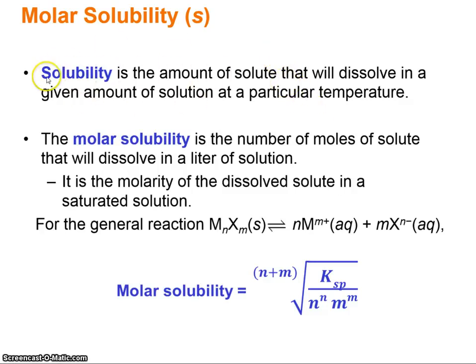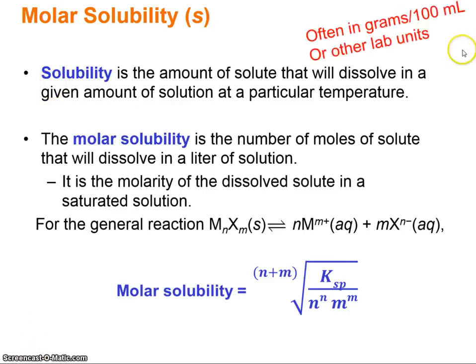Solubility with a capital S often refers to grams per volume, so grams per 100 milliliters or grams per liter. Most of the time in a chemistry class, we're going to say solubility and assume we're talking about molar solubility. I don't want you to assume that.